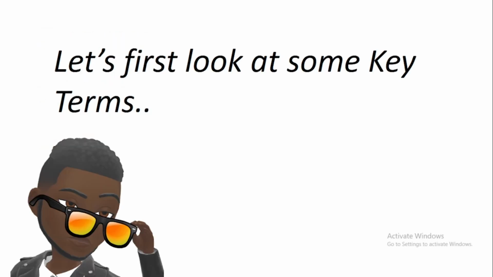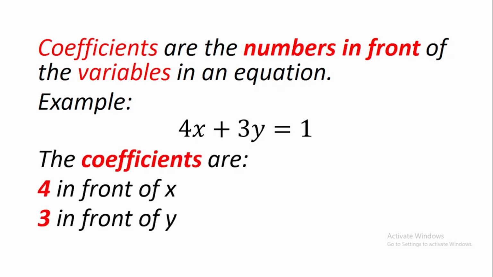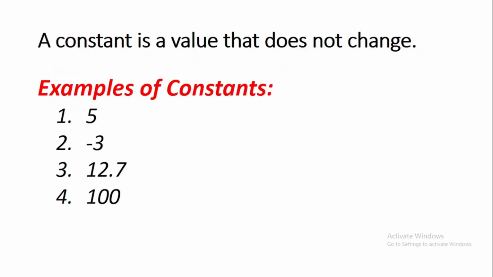Let's first look at some key terms. Coefficients are the numbers in front of the variables in an equation. For example, 4x plus 3y is equal to 1. The coefficients are 4 because it is in front of x and 3 because it is in front of y.